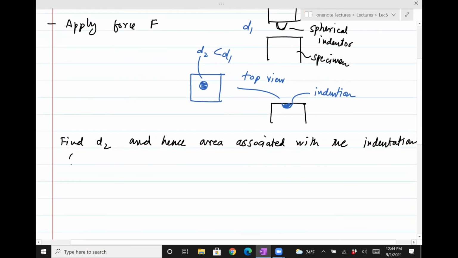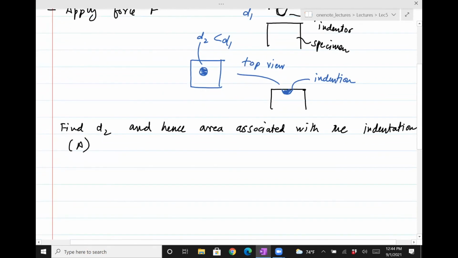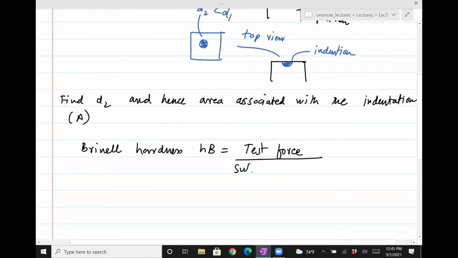Okay, let's call that A. So then your Brinell hardness HB is the test force divided by the surface area, which is A, the indentation area.